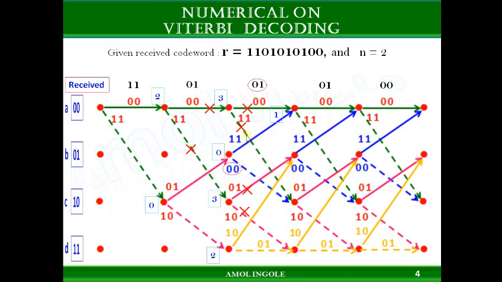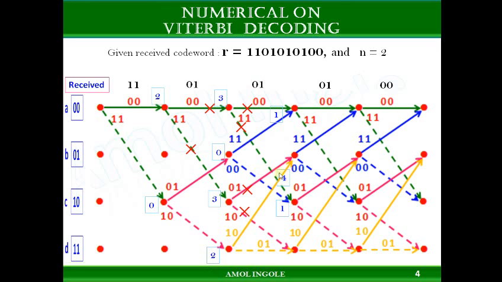Okay. The next one is finding the path metric between this 0, 0 and 0, 1, this dotted path. So Hamming distance is 1 here, which will be added with the earlier path metric, which is 0. So the total path metric will be 1, and it is the path metric for this entire path. Next, this is the 4th one, right? It is the path metric for this path. 1, 0 and 0, 1 Hamming distance will be 2, which will be added with this 2, 2 plus 2, 4.